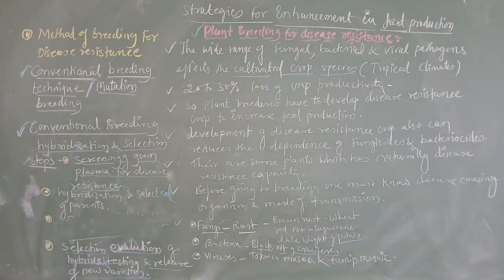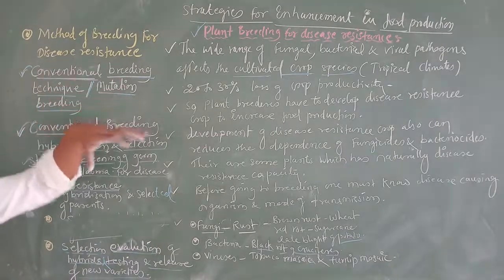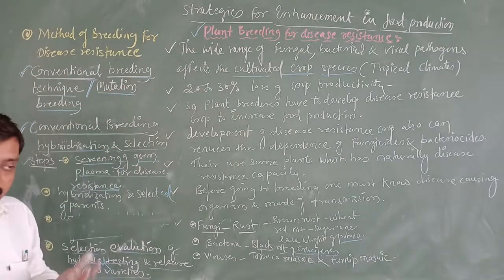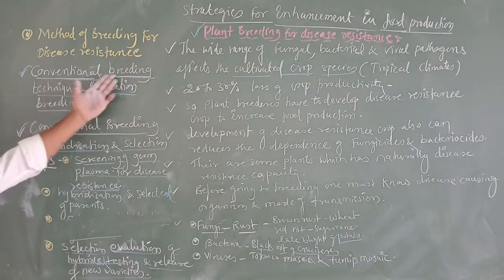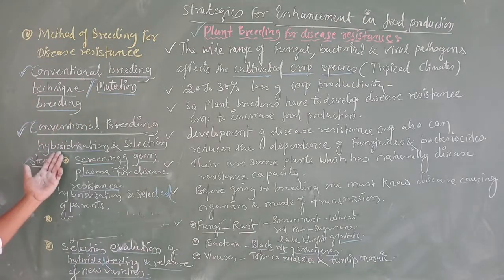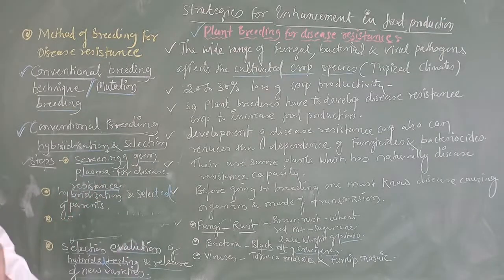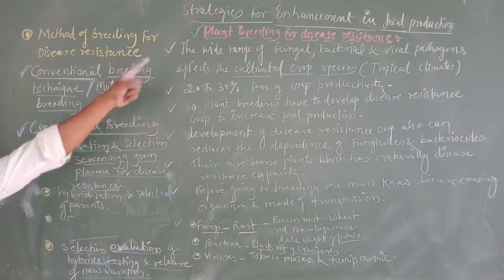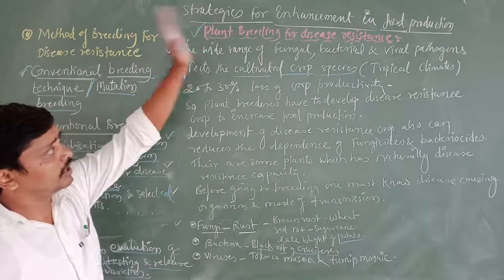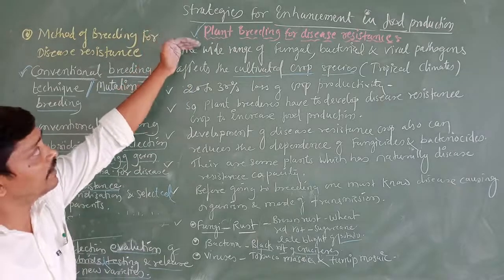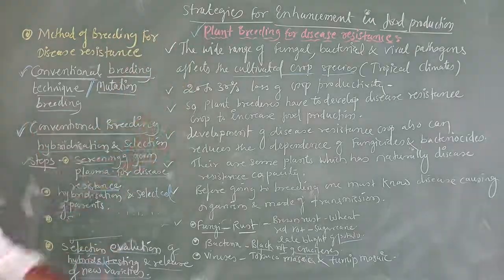You already studied these things in plant breeding technique. In a conventional breeding technique, you go for hybridization and selection. This is the basic thing involved in conventional breeding for a disease resistant plant.